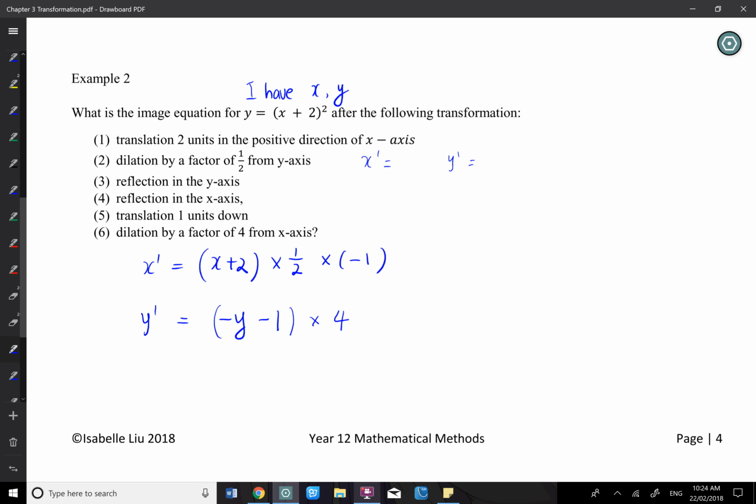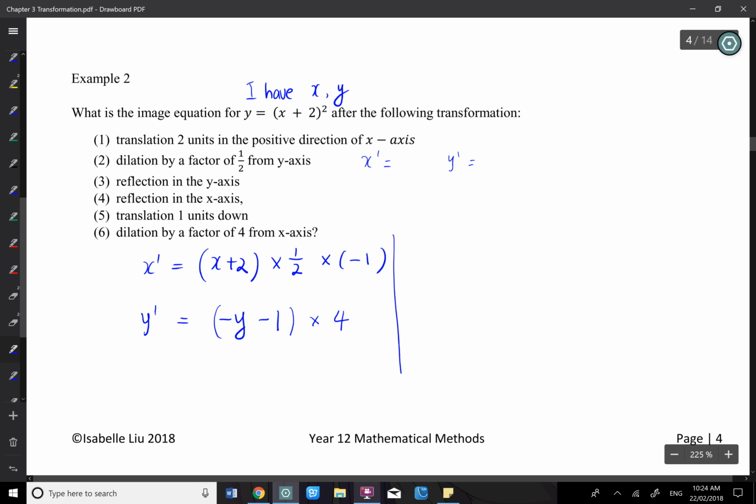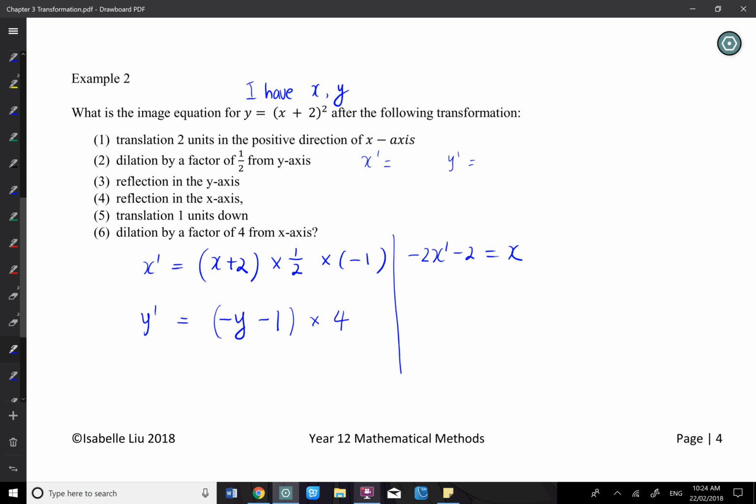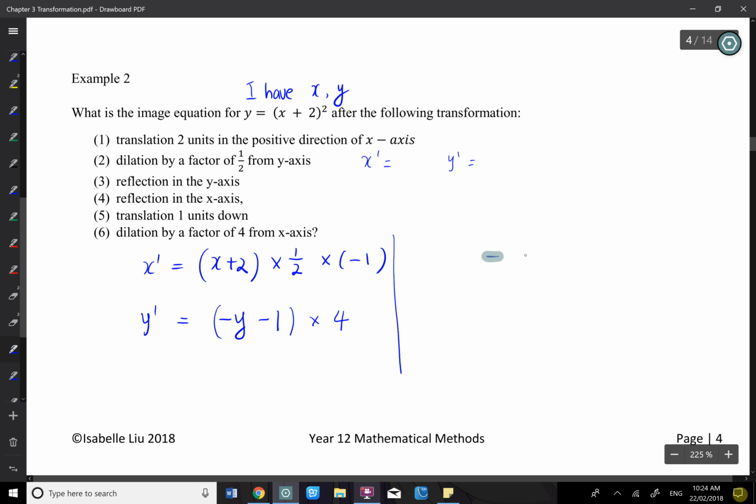Now the question is, what needs to be the subject? What needs to be the subject, everyone? X and Y, because I have X and Y. So I will make x and y the subject, which is a lot to do. Well, that's a half, so -2x dash minus 2 equals to x. I can go step by step. I will times the -2 on both sides equals to x plus 2.